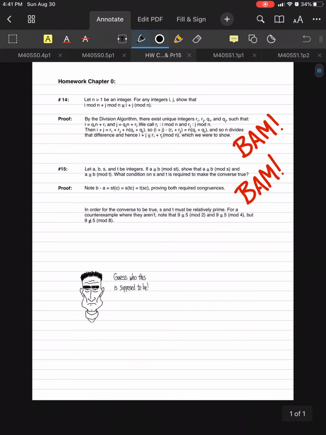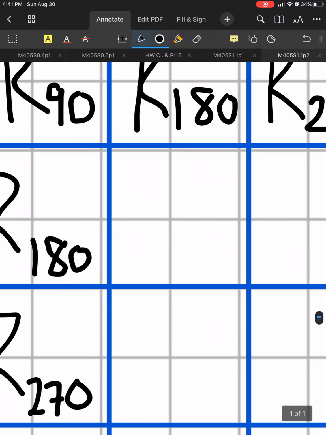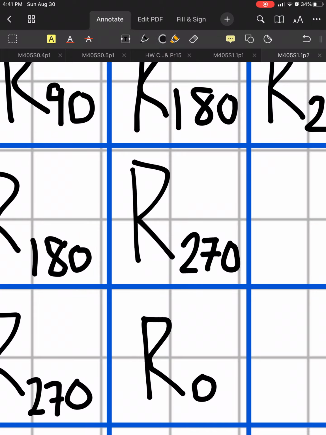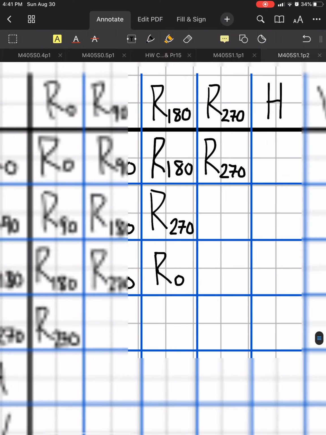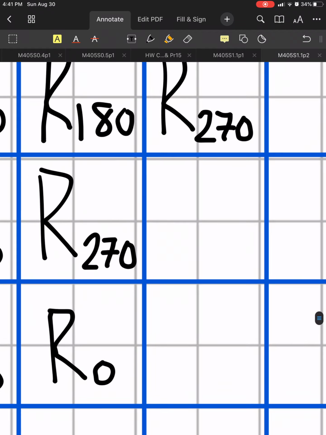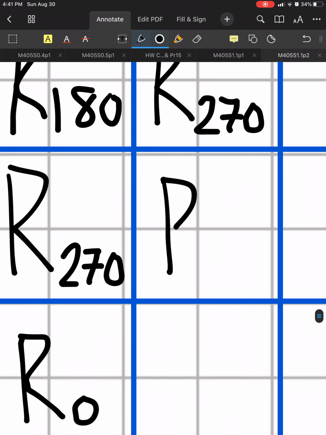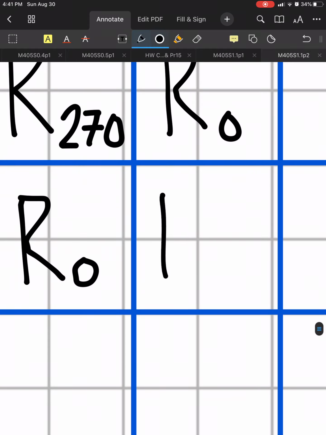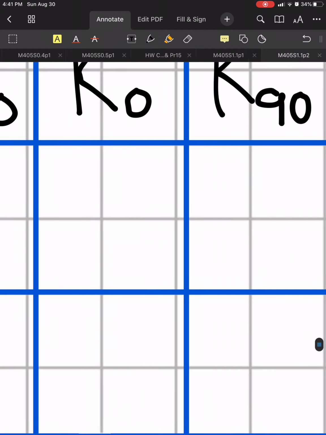270, 180 and 180. Well, that's 360, which winds up being the same as R0. 270 plus 90 is the same again as R0, that's 360. 270 plus 180, that's 360 plus another 90 degrees, so R90.